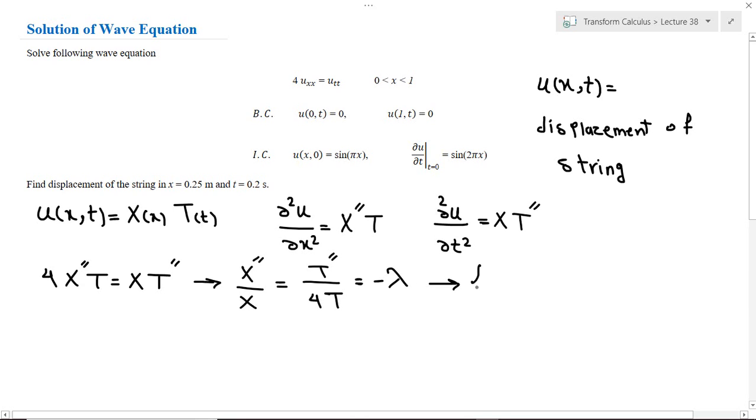So we're going to end up with two ordinary differential equations. The first one, X double prime plus lambda X equal to 0. And the second equation is T double prime plus 4 lambda T equal to 0.